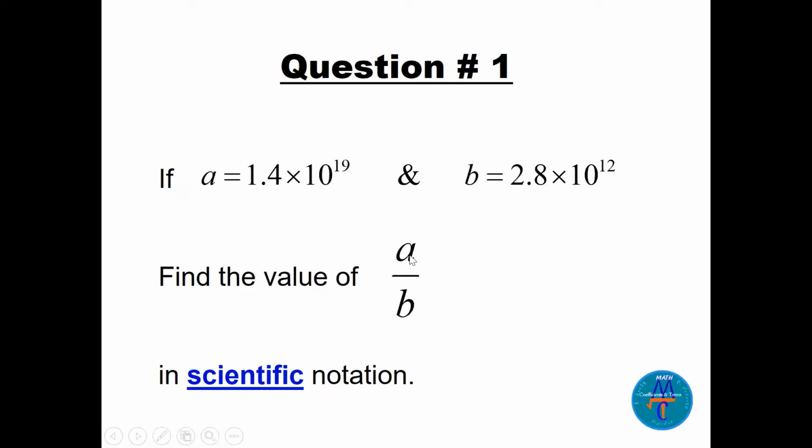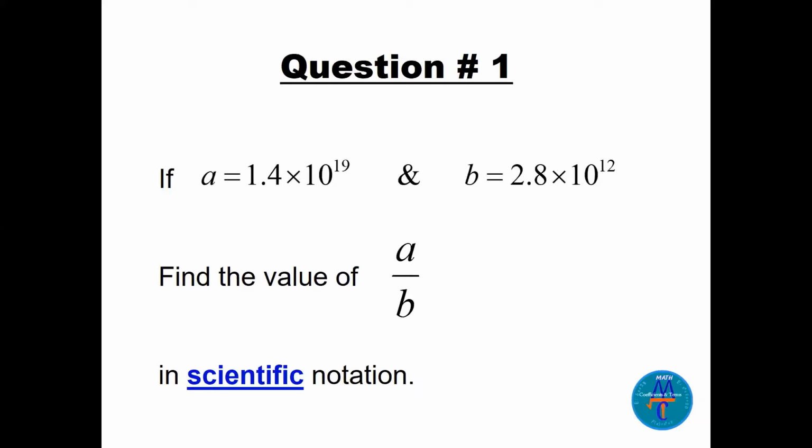Find the value of A over B, with the final answer in scientific notation. You have to use the rules of exponents. You can check the video on rules of exponents, where there are many examples. Now, you can try it yourself and tell me the answer.